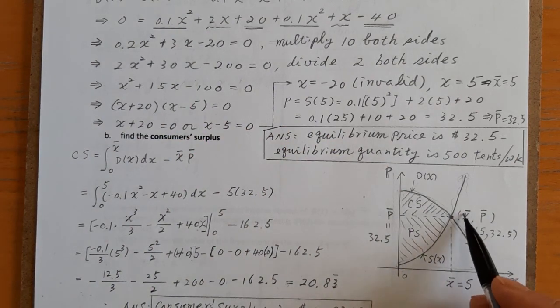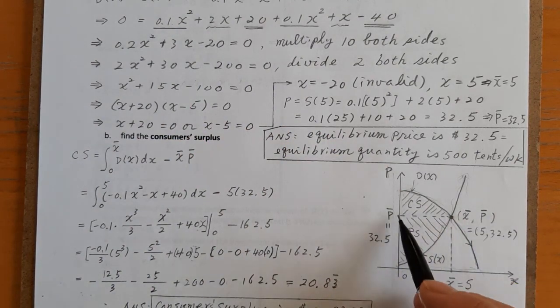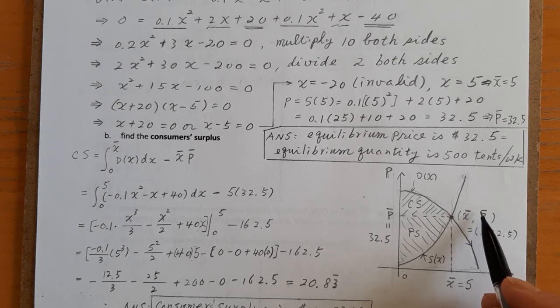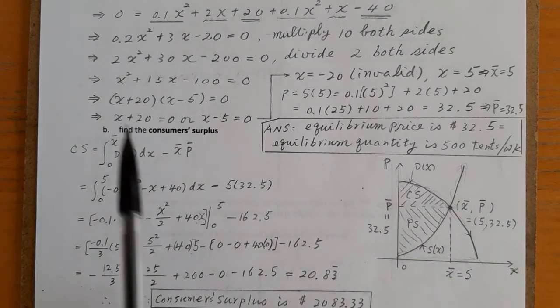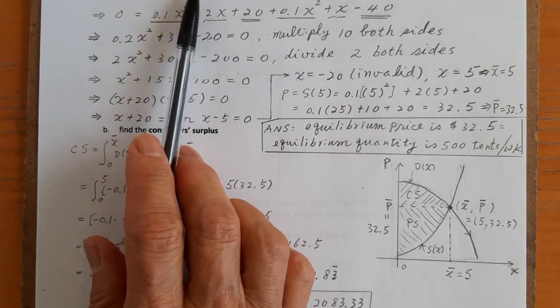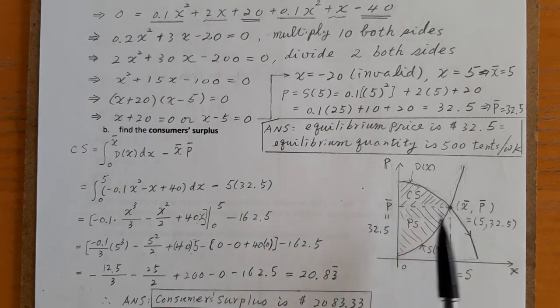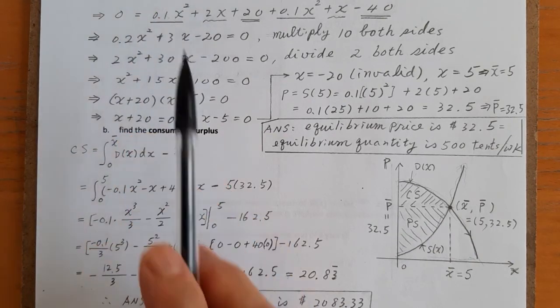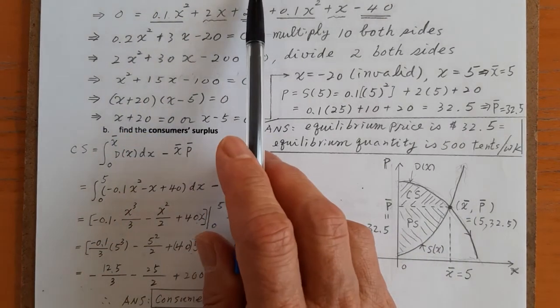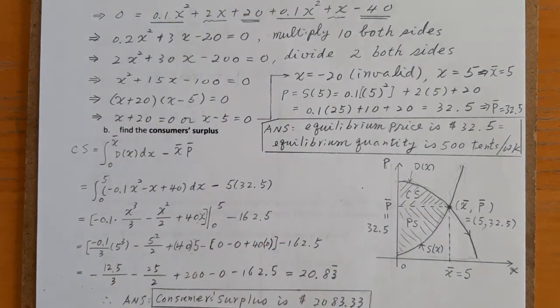We use x bar for the quantity and p bar for the unit price. X bar is the equilibrium quantity and p bar is the equilibrium price.